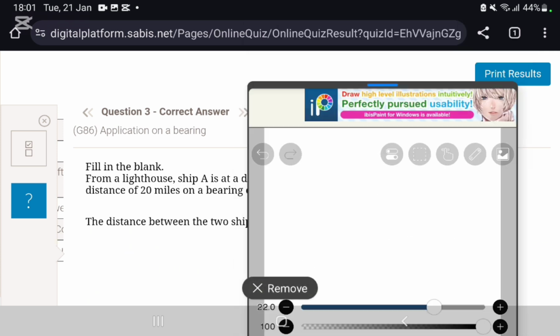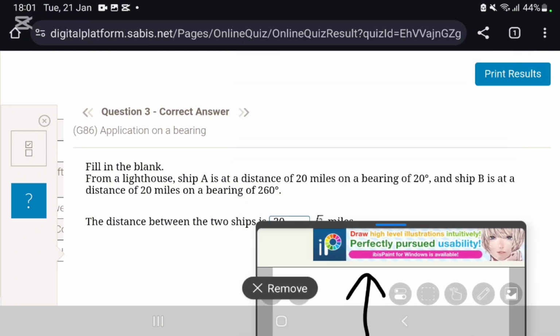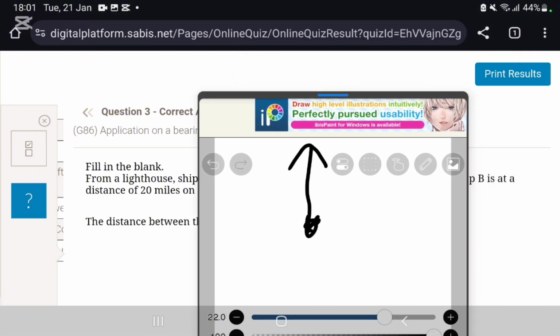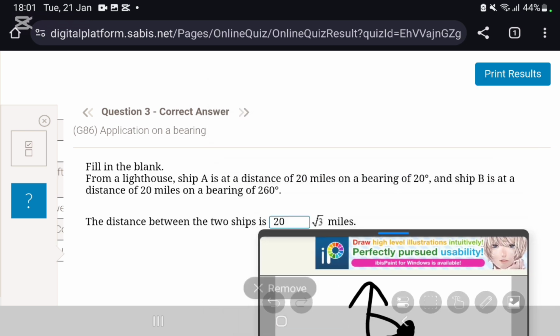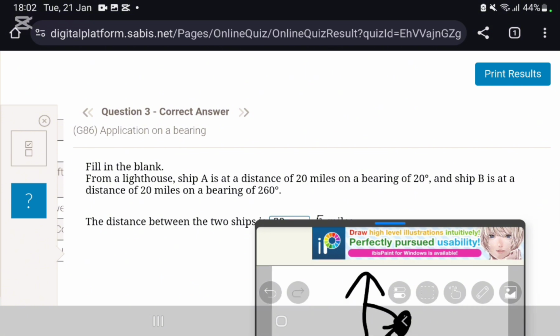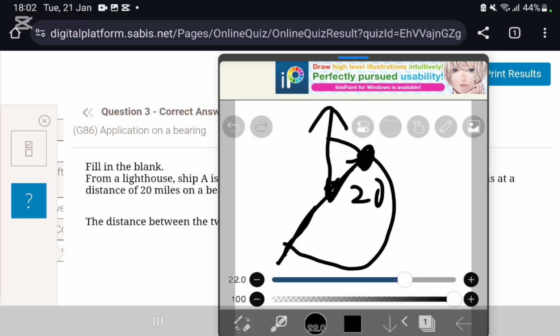So from a lighthouse, on a bearing of 20 degrees, ship A is around here, this big black dot, and the distance between them is 20 miles. And ship B is a distance of also 20 miles on a bearing of 260, which means it will be around here. This is ship B.